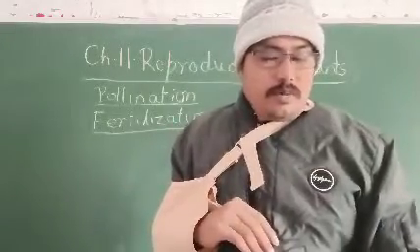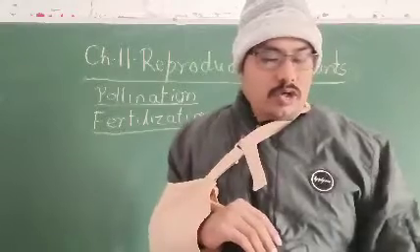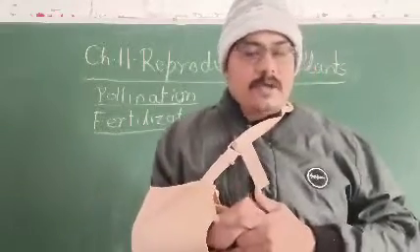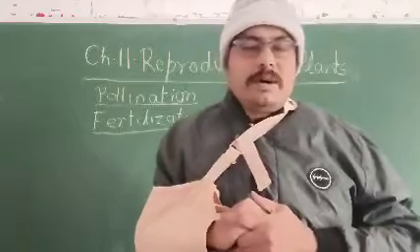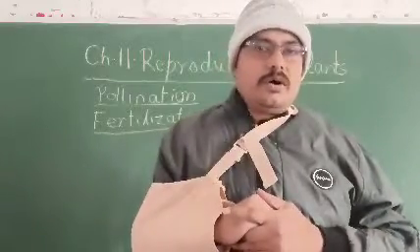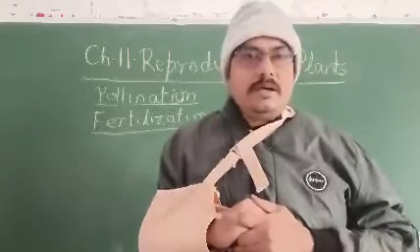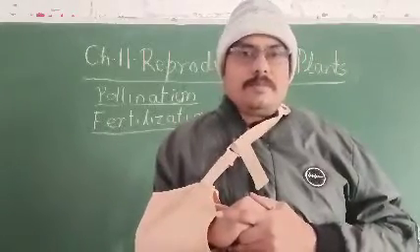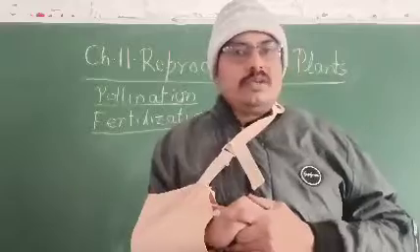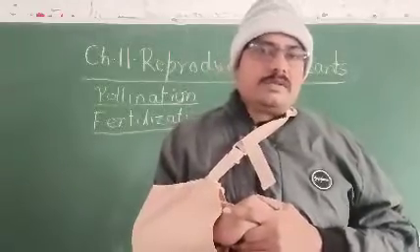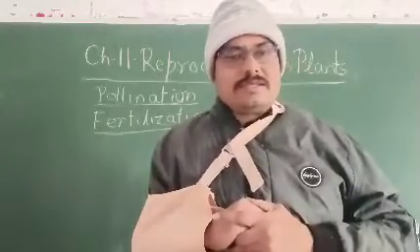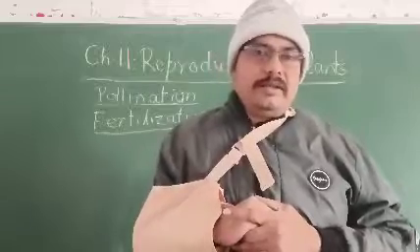The embryo remains surrounded by one or two cotyledons which store food, and these cotyledons are like the mother plant: until the plant is able to make its own food, the cotyledons stay attached with that seed to provide nourishment.